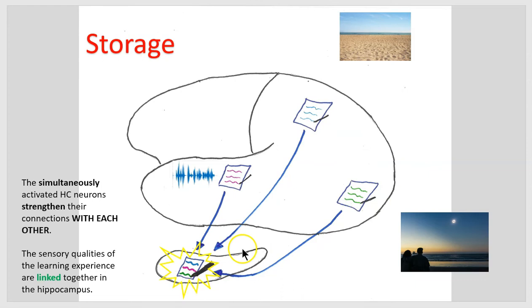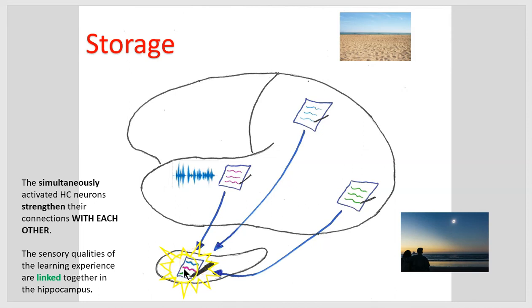neurons. So now something really important is going to happen in the hippocampus as a result of this activation by these cortical areas. The simultaneously activated hippocampal neurons are going to strengthen their connections with each other. So in other words, this set of hippocampal neurons now becomes a memory trace, in a sense, of the event.